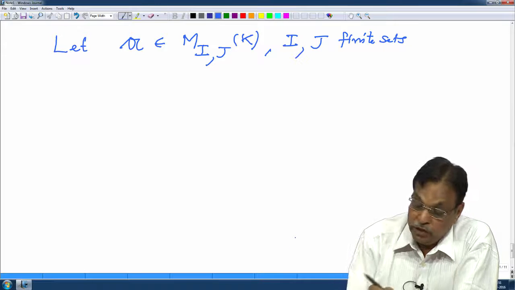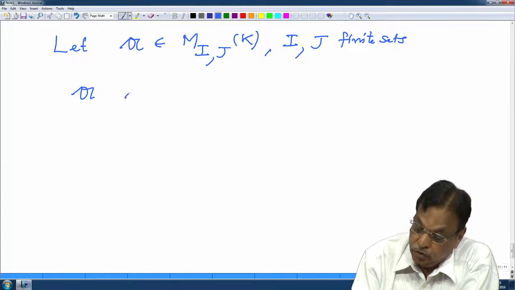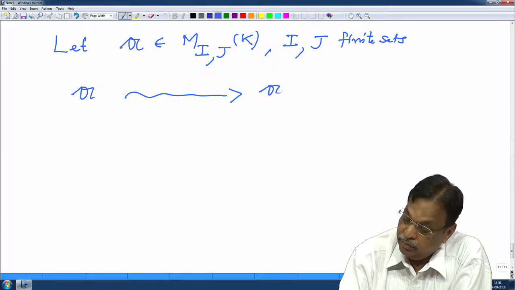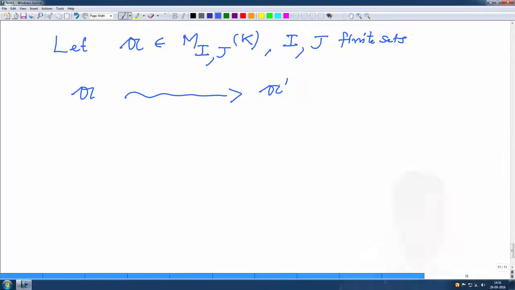And I want to now change this A to some other matrix A prime without changing the row space.